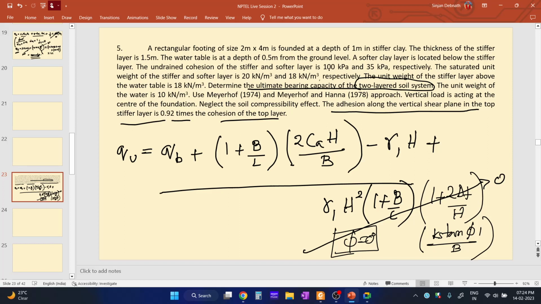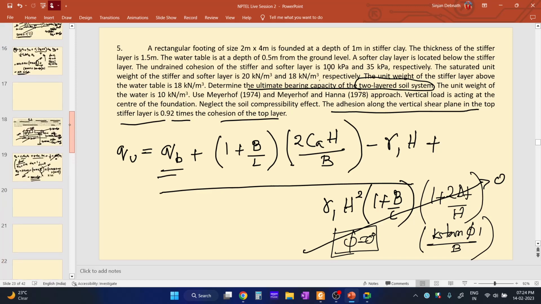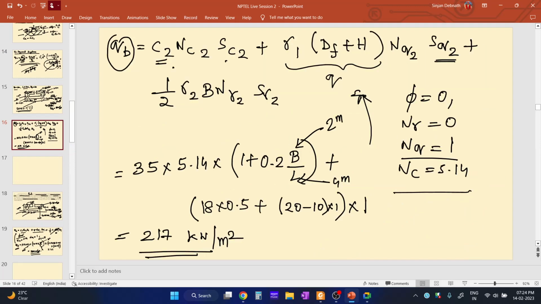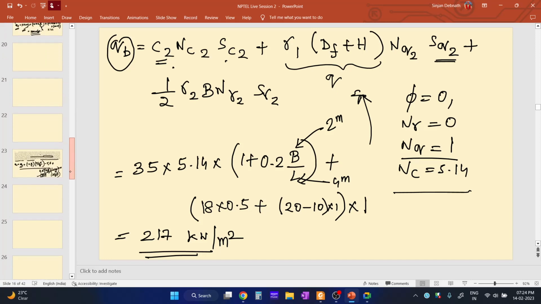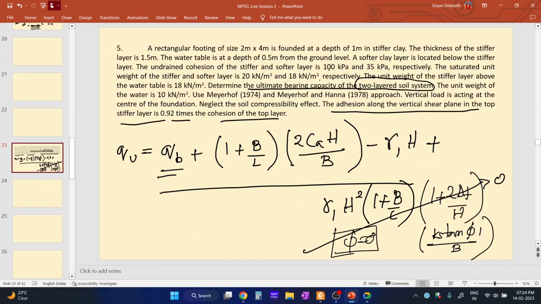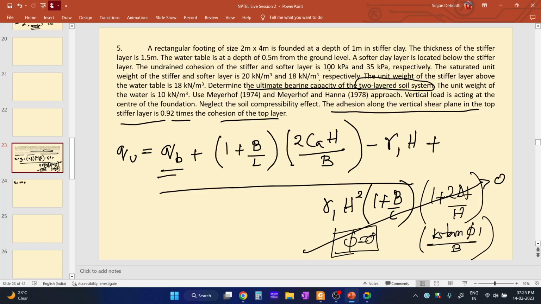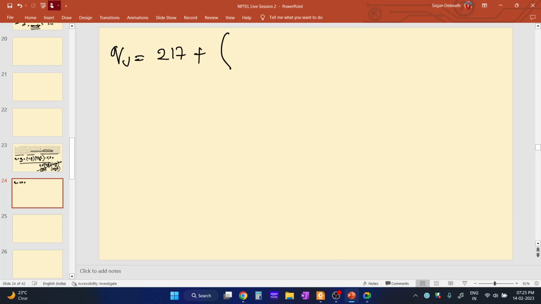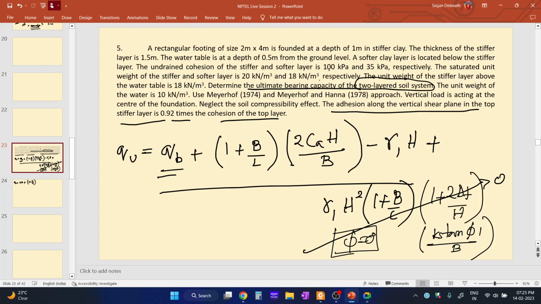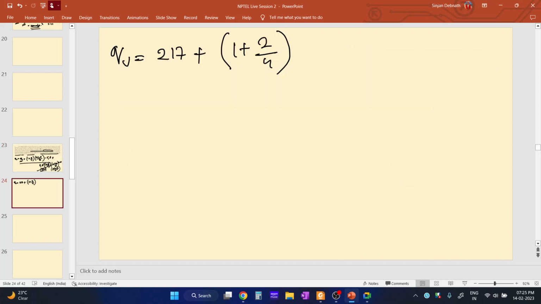Okay, so now we know the value of QB. We have already determined the value of QB in this question. It is 217. So QU is equal to 217 plus 1 plus B by L, 1 plus 2 by 4, into 2 CA H by B. So what is CA?